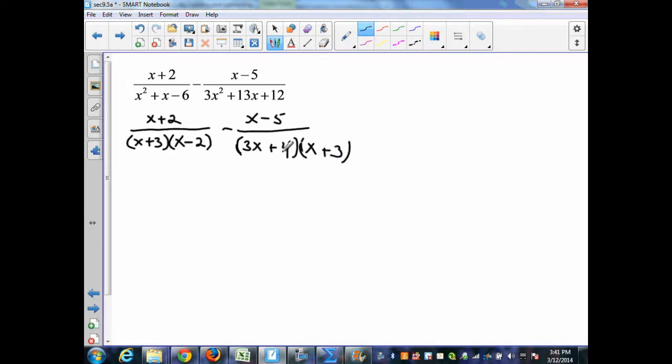I can verify that because 4 times x is 4x, 3 times 3x is 9x, 4x and 9x gives me my 13x. Now I have a common denominator. Here is an x plus 3 and an x plus 3. So my denominator will be (x plus 3)(x minus 2)(3x plus 4).